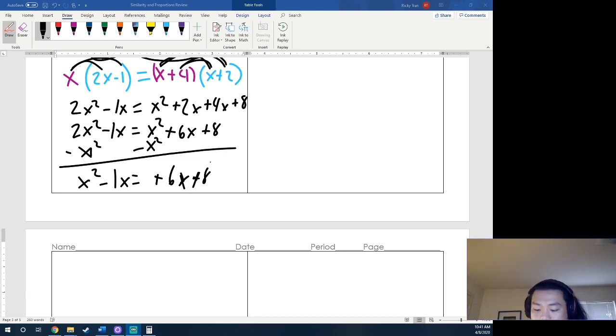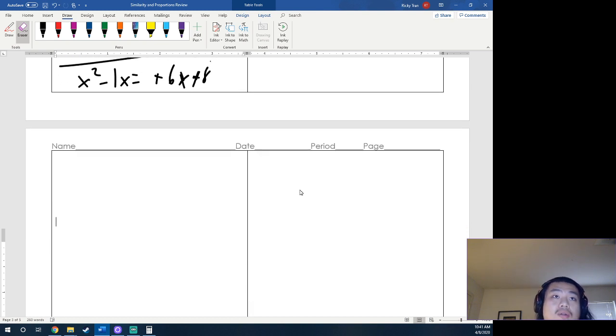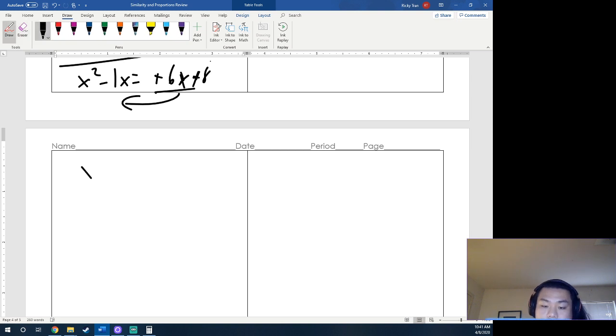Sure. Okay. So in order to solve for this, we actually have to get it all to one side. So I'm going to rewrite it. X squared minus 1x is equal to 6x plus 8.